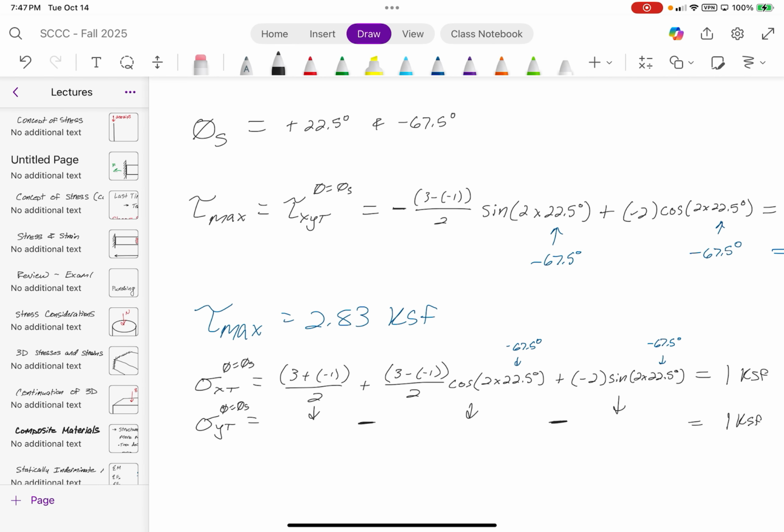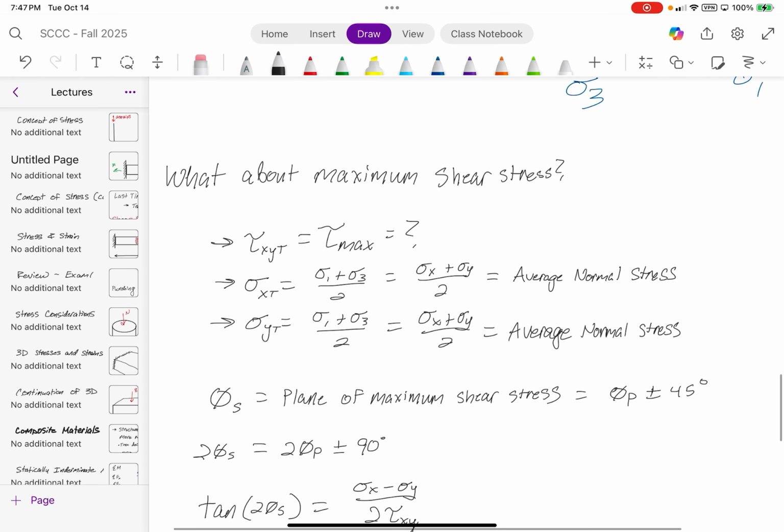Does that make sense? Another way of doing it is by using these expressions above. So both methods should work. You can take the average of the normal stresses, or you can use the stress transformation equations.